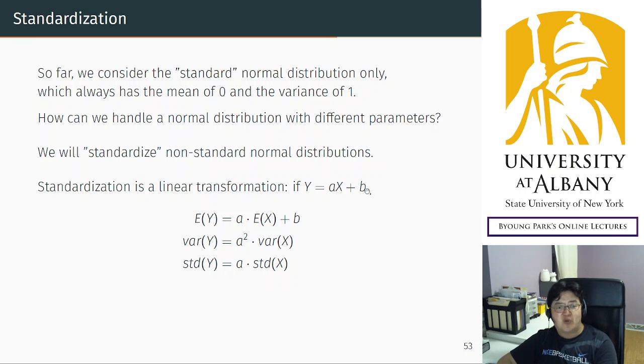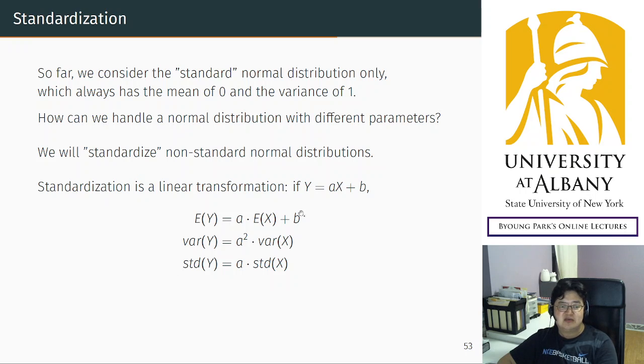You may remember we learned these results in chapters 3 and 4. At that time, we considered a linear transformation given by this. You have X, and if you multiply by a and add b, you get a new random variable. Then what is the relationship between the mean, variance and standard deviation of X and Y?